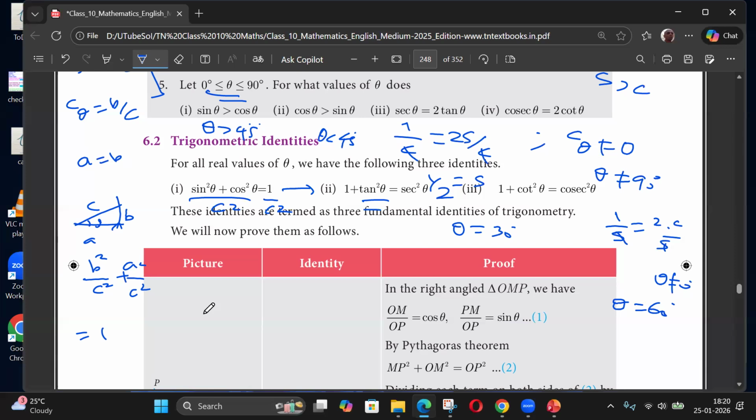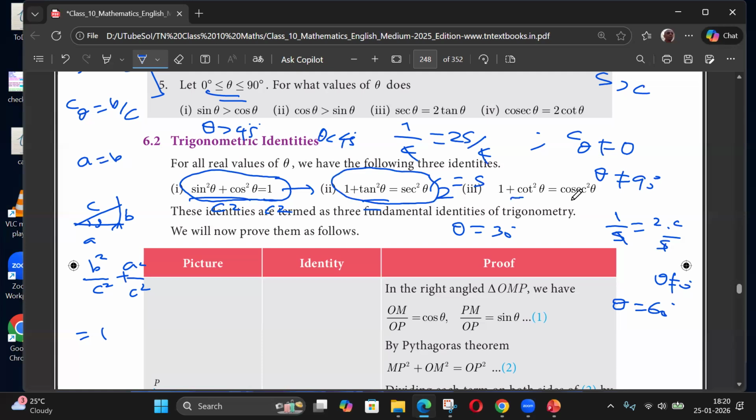Here they have put tan square as the first term, just interchanged. Tan square will come from sine square by cos square, and this 1 will come from cos square by cos square. And this secant square is 1 by cos square. So 1 plus tan square is secant square. In some sense, this is nothing but Pythagoras theorem. That is the basis. Yes, this is also Pythagoras theorem.